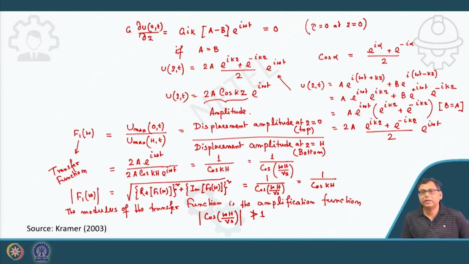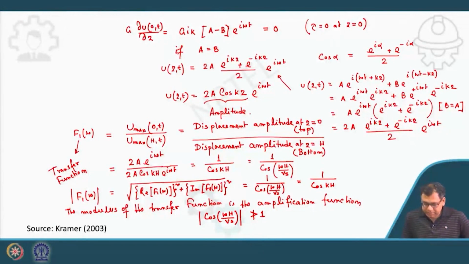It cannot be greater than 1, because this is the cos value. So the cos modulus I am taking, and any value of cos cannot be greater than 1. So it will definitely be less than 1, or it can be 1. Maximum value can be 1.